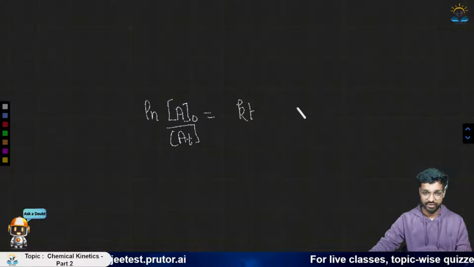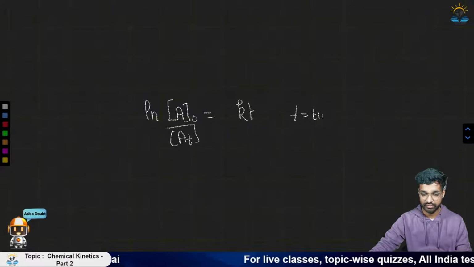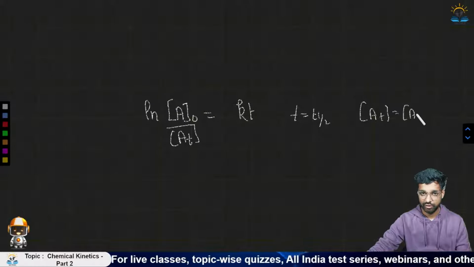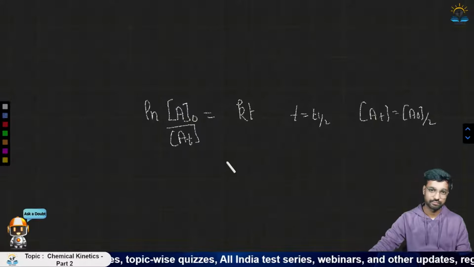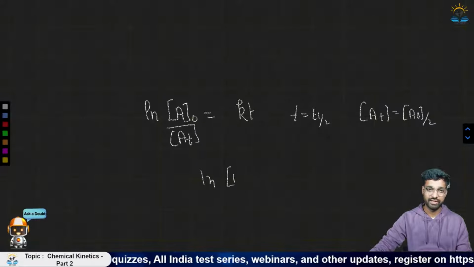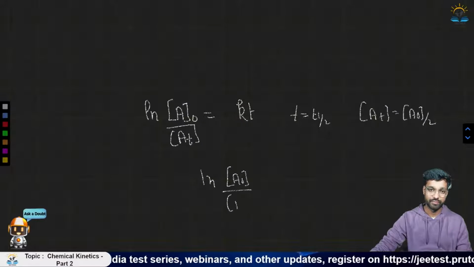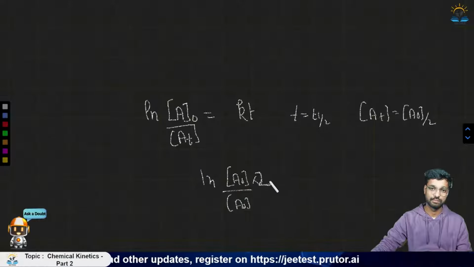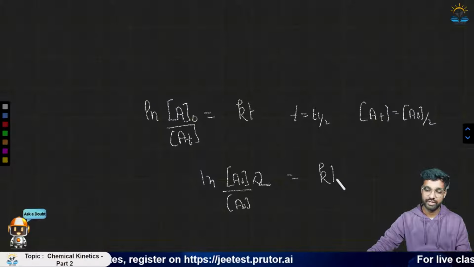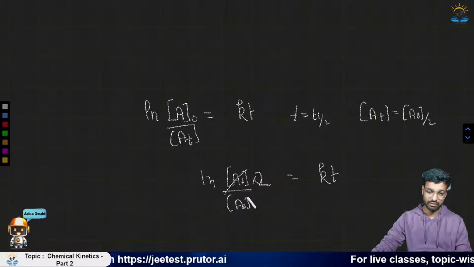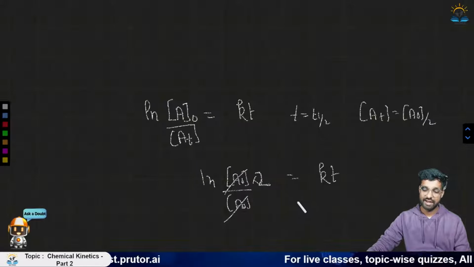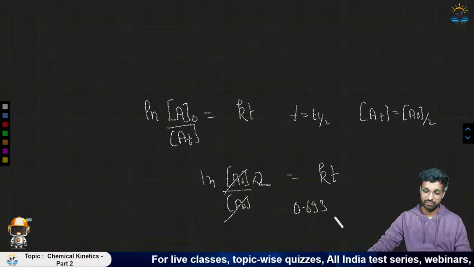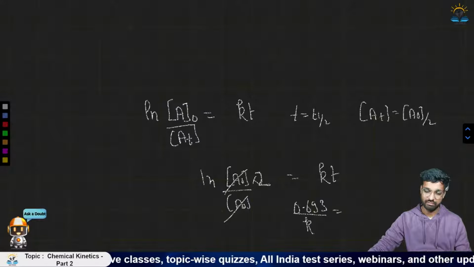Now we have said that we have to find the half-life, that is t equals T half, and At is equal to A naught by 2. So it will be written as ln A naught by A naught by 2, which will be equal to kt. Now this A naught will get cancelled, and the ln2 value is 0.693. If you put this k here, it will be this one.